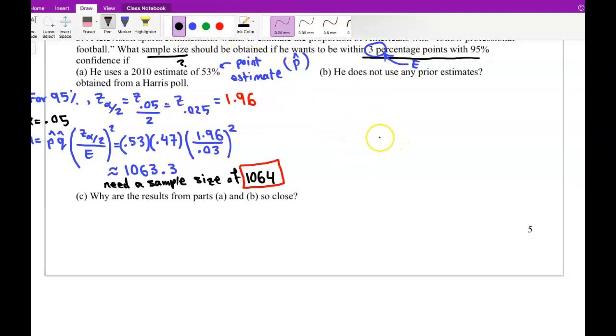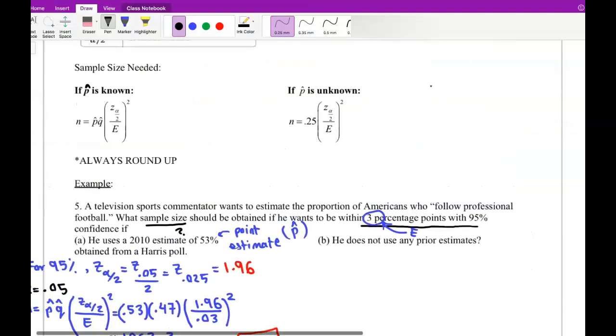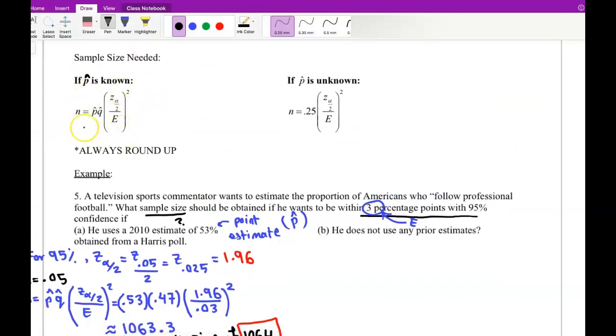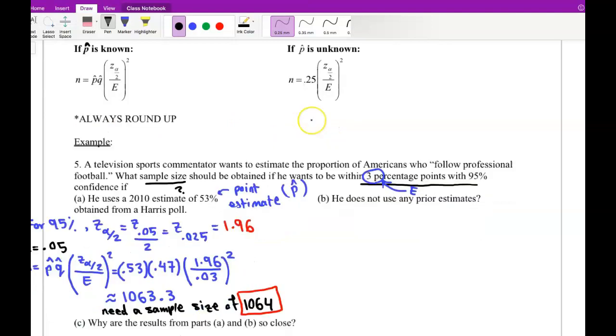Now part B, he doesn't use any prior estimate on this part. So on part A we had P hat, but in part B we don't have P hat. What that means, instead of using this part to find N, we need to use this. So we don't have any information about P hat, Q hat, and instead we're using 0.25.